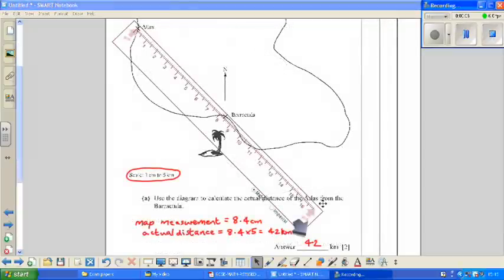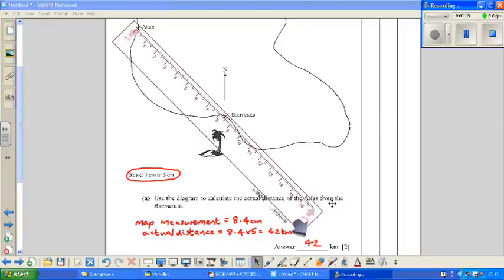In the first part of this question, we are asked to find the actual distance between the two hotels, the Atlas and the Barracuda. So we have a map here with the two hotels on. We've got to measure what we might call the map distance.